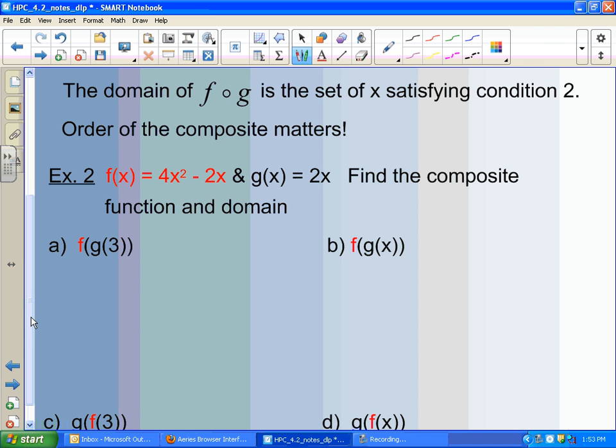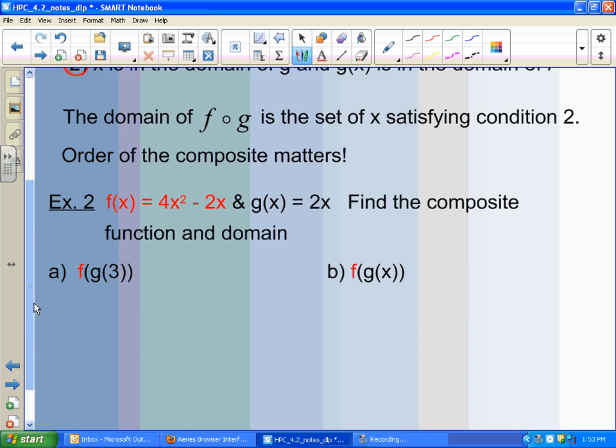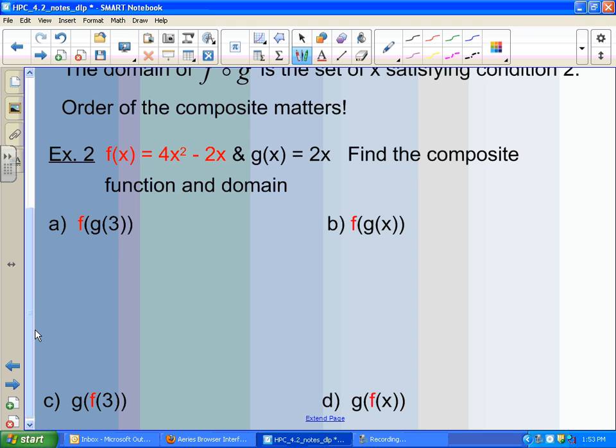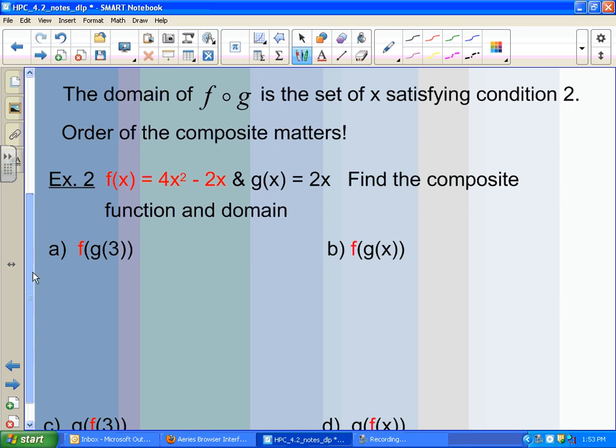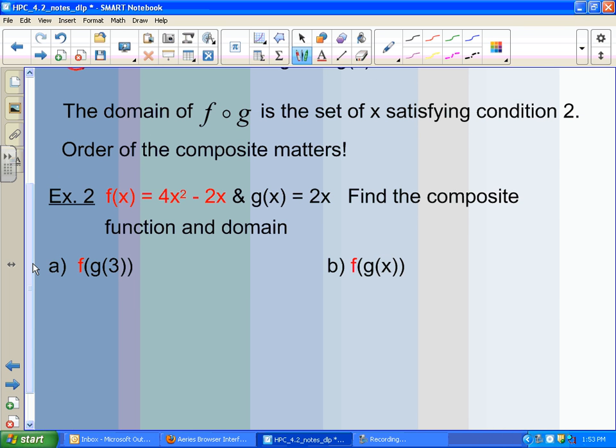Let's try this. f of g. Now, see, talk about that level of complexity. Watch this. This is amazing. It's absolutely amazing. If I were to ask you to find, let's say, the f of x function here. And if I were to just say, hey, let's find f of 2, you guys would probably know what to do with that.